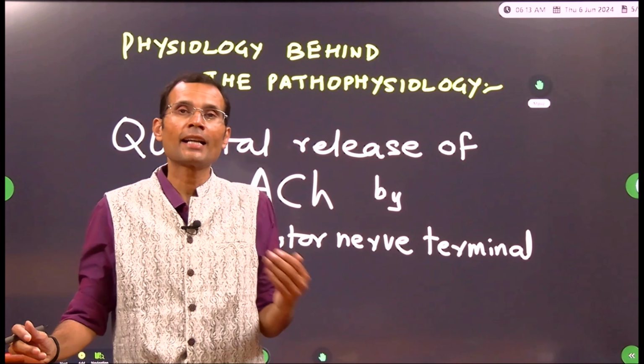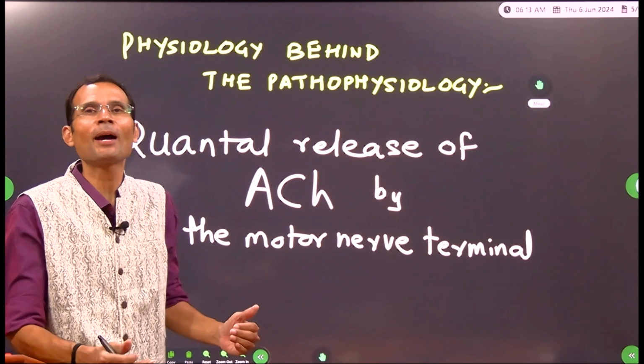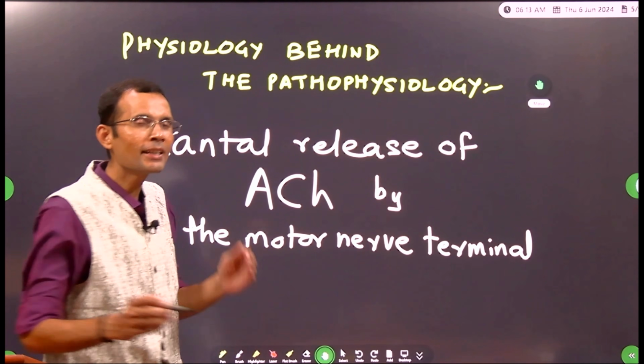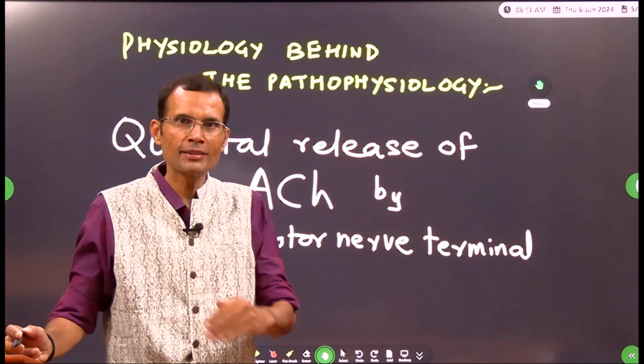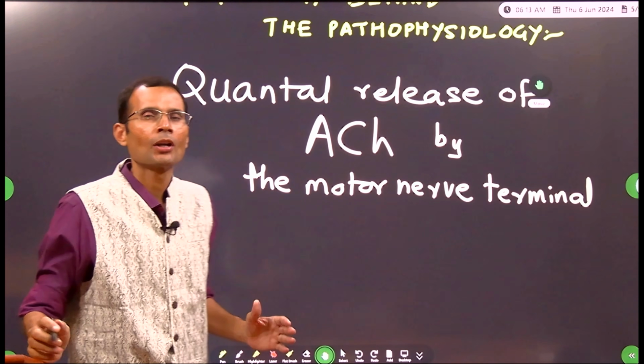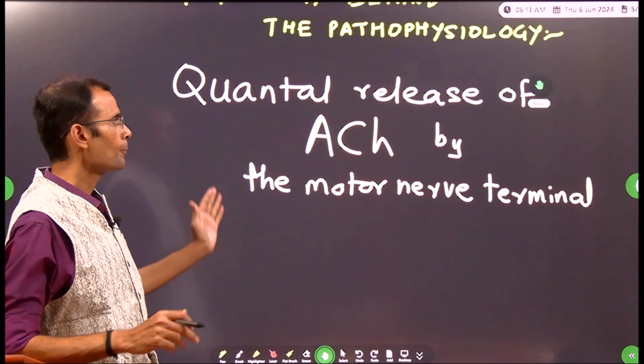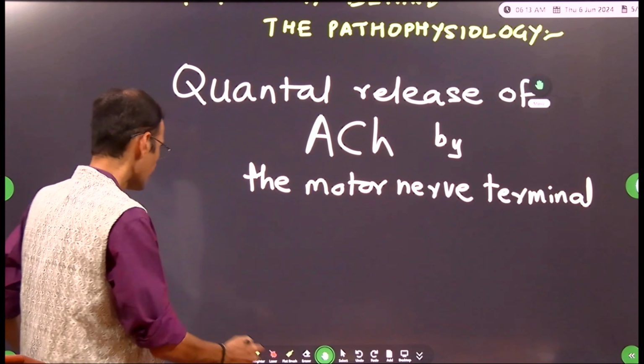of the myasthenia gravis. Also, let's have a look at the physiology behind the pathophysiology. Let's dig deep into this particular pathophysiology. You know, normally there is quantal release of acetylcholine by the motor nerve terminal.